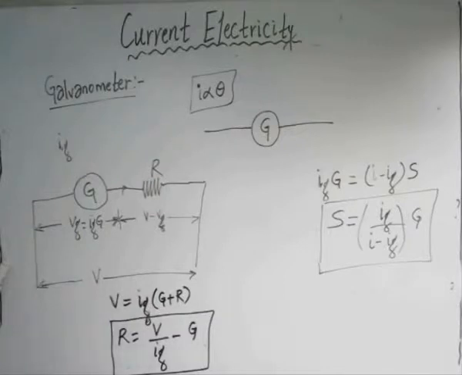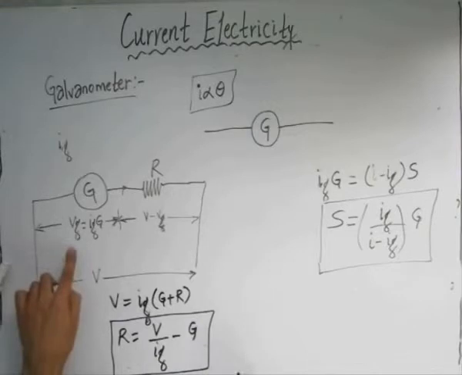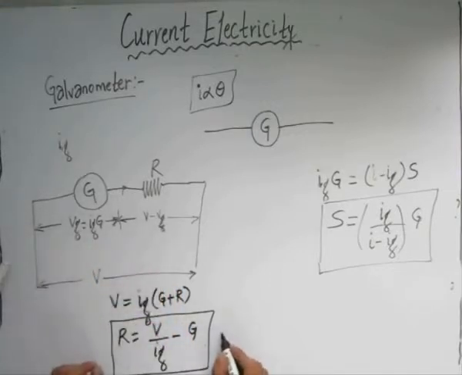So from here we can see that the large resistance which has to be connected in series with the galvanometer so that it can be converted into a voltmeter is given by this expression. In this expression we have used Ig, the full scale deflection current. If we want to represent this in terms of Vg, we can do it by this equation. We know that Ig would be Vg divided by capital G, the resistance of the galvanometer.